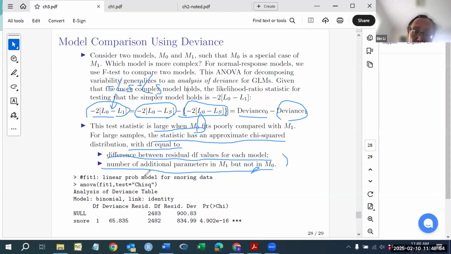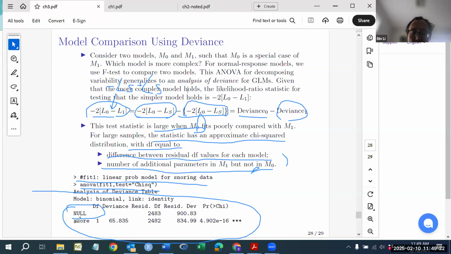Okay, so now let's see. Fit one is the linear probability model for the snoring example. And we use ANOVA to test its chi-square. So that gives the model comparisons for the null model and the model. The null model is the model with the intercept only, and the other is the model that includes the snoring variable.